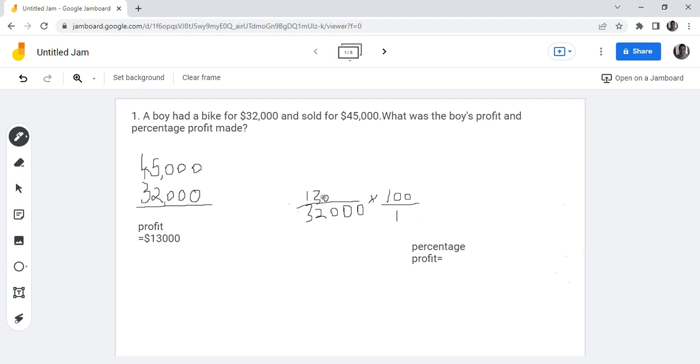So 13,000. Guys, I'm not the best writer on the Jamboard, but I'm still trying. So 13,000 over 32,000. When we look, we can cancel these three zeros, and we would be left with 13 over 32 times 100 over 1.